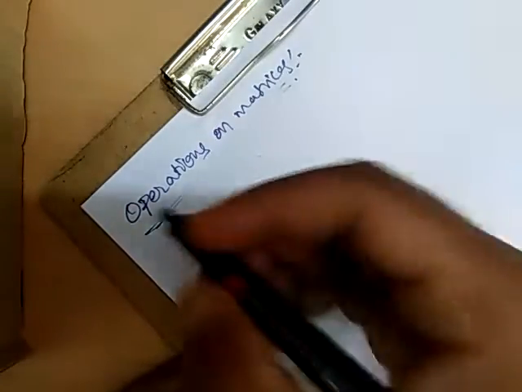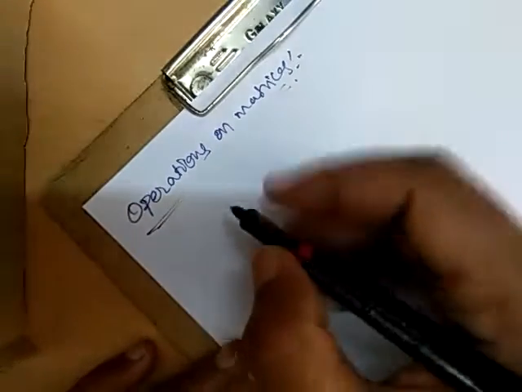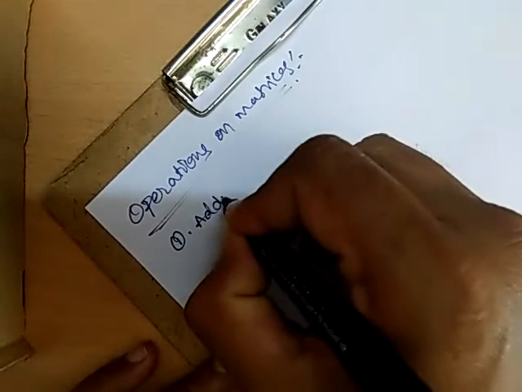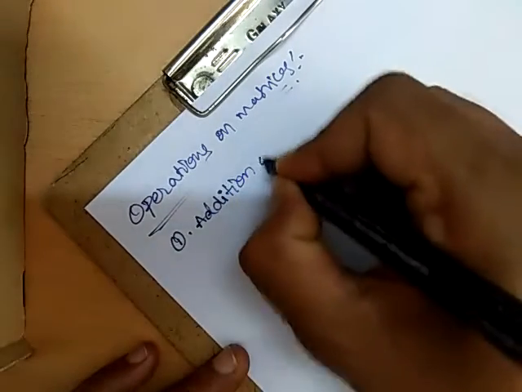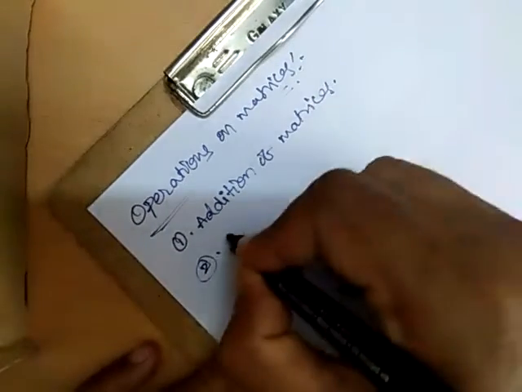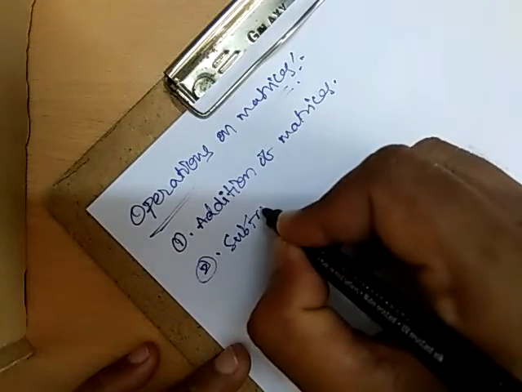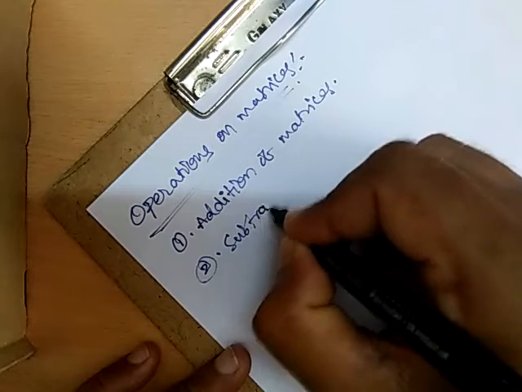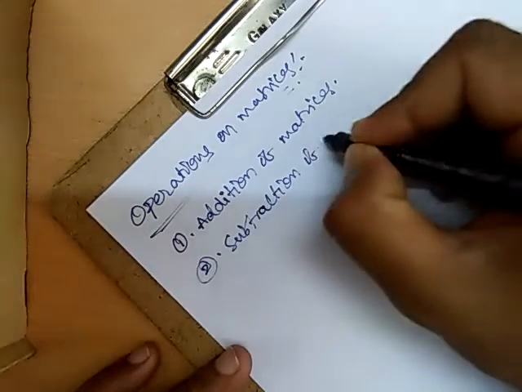Operations on matrices. Here we have three operations on matrices. Number one, addition of matrices. Second one, subtraction of matrices.